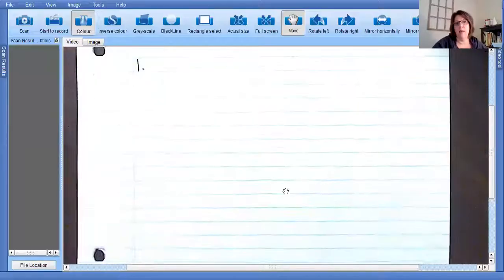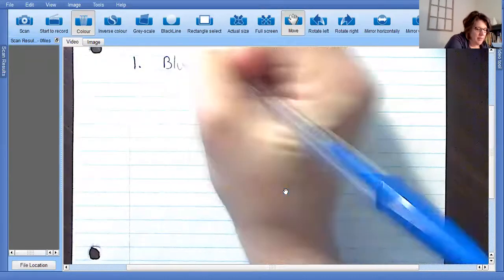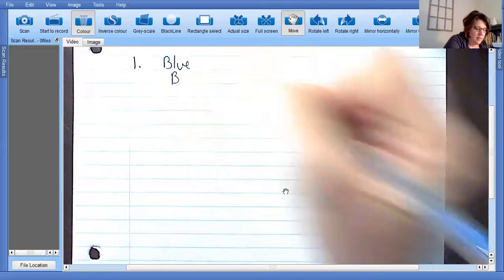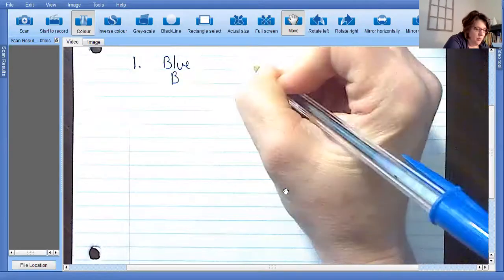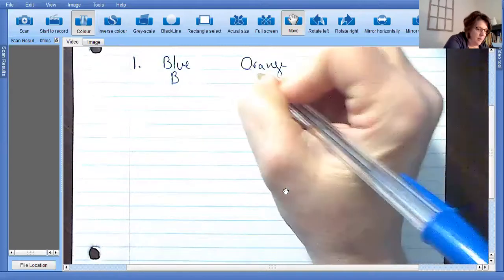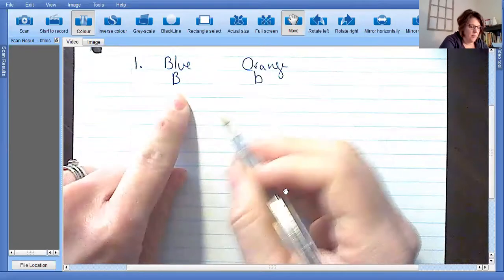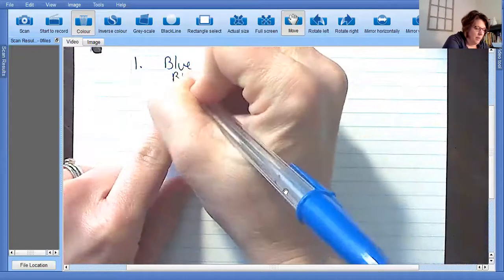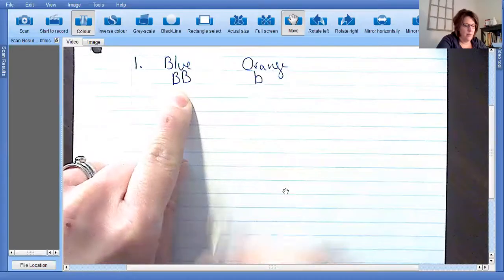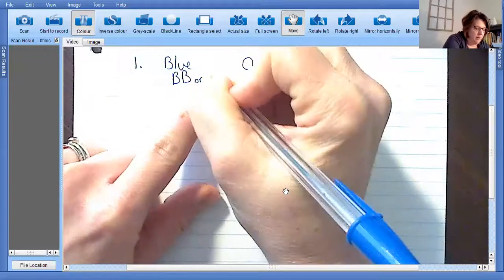So let me go to screen share here. There we go. So that's the stuff that we started with last week. And so it says blue is dominant, and so we use a big letter there, to orange, and that's recessive, so we can just use a little b. So if an individual is blue, they would have big B, or remember, they could also be heterozygous.